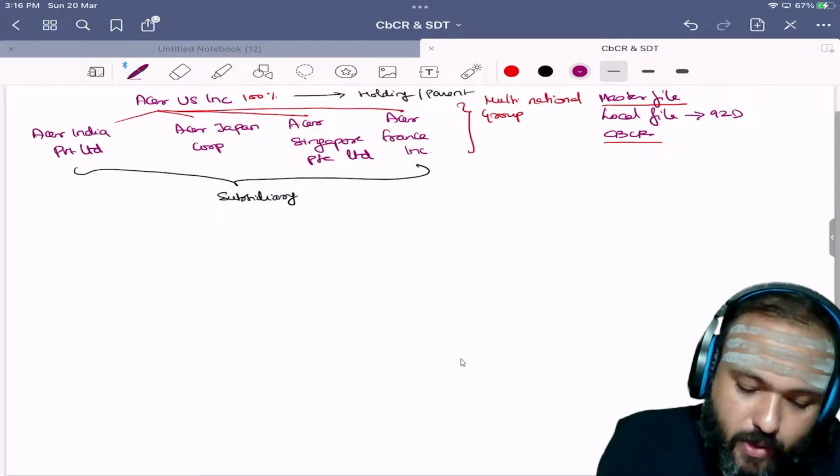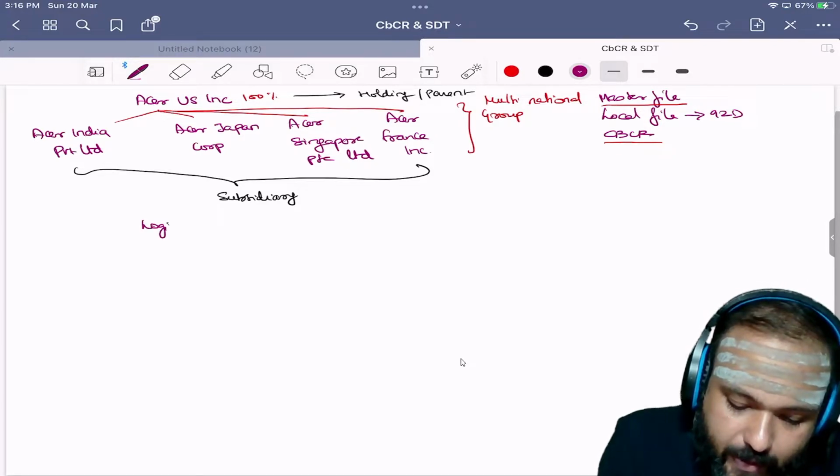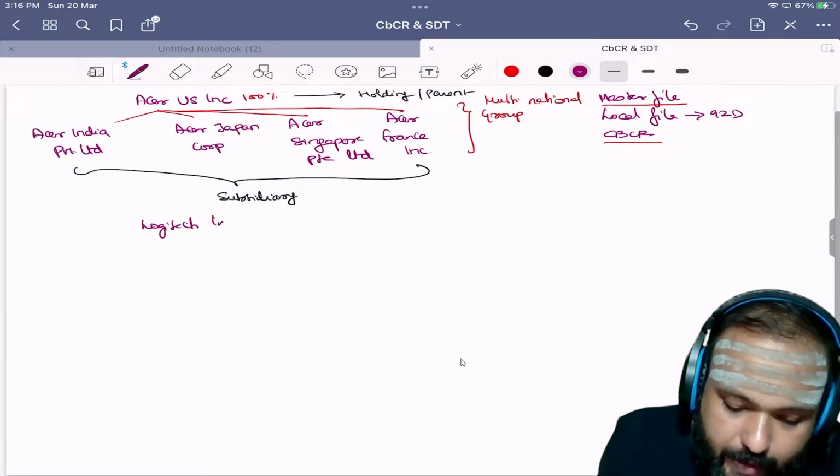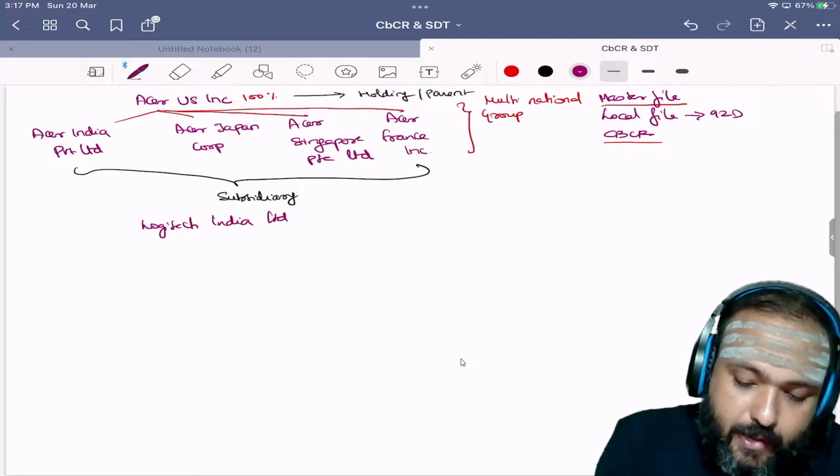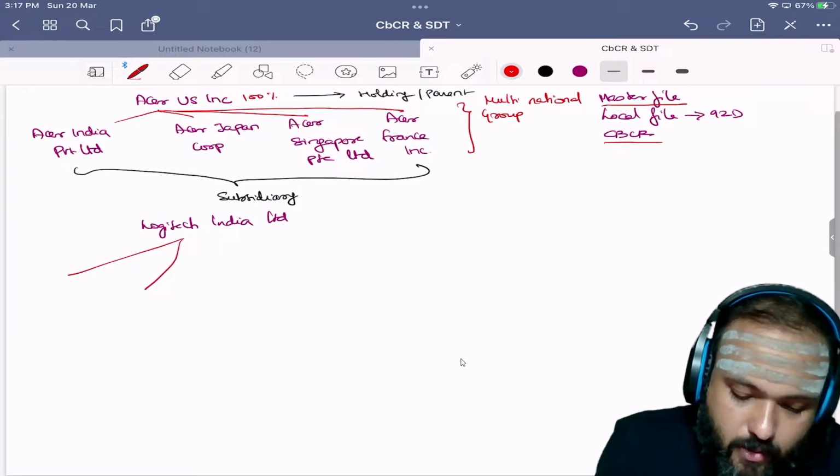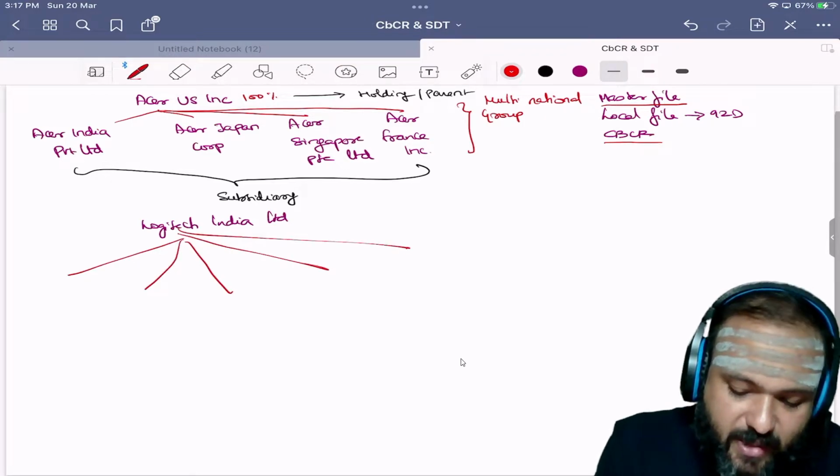Example number 2. Let us take Logitech India Limited, and they have 5 subsidiaries.